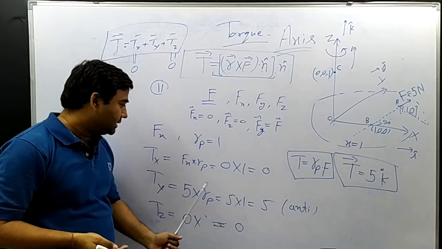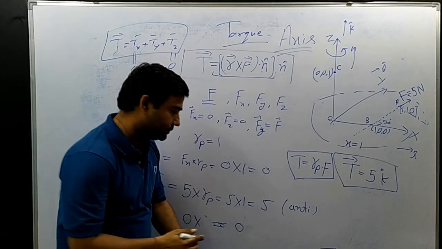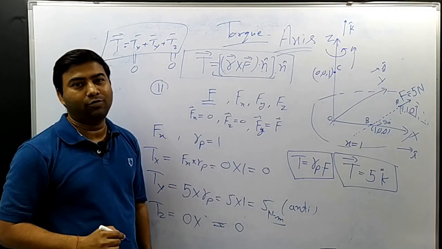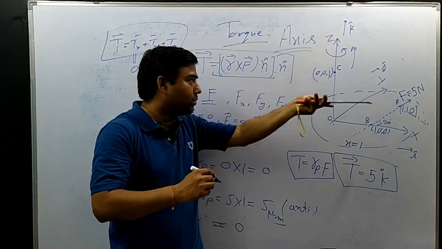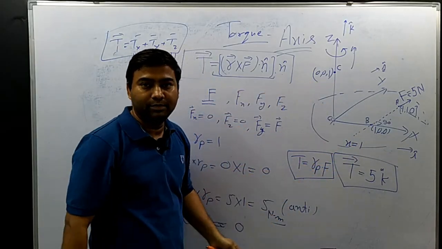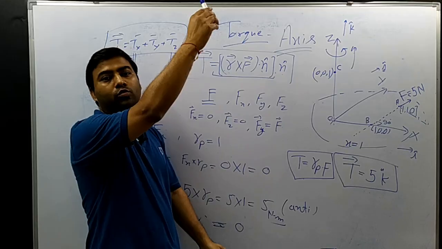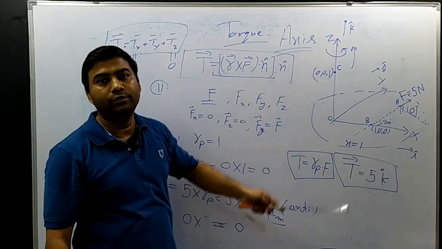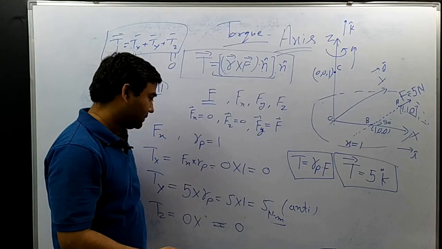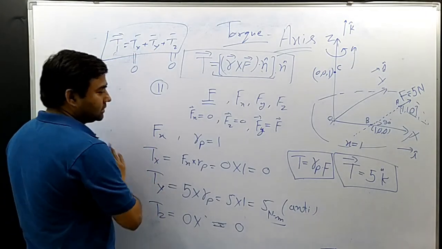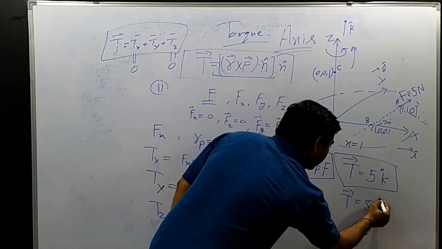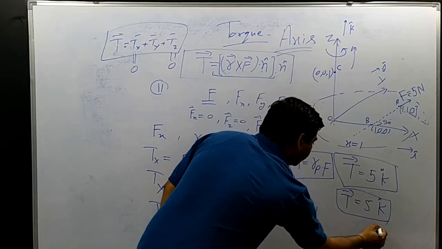So Ty is 5 Newton meter in anti-clockwise direction. That is, when we see from upward, it will rotate in anti-clockwise direction. That means the direction of torque is towards the viewer, that is the positive direction of the z-axis. So the total torque is 5 K. You can write it like this.